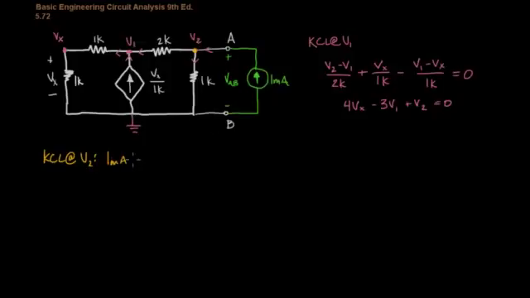So that's minus V2 minus V1 over 2K, and minus V2 over 1K. Now I can simplify that and put it in the same order as this equation here. And I get plus V1 minus 3V2 equals negative 2.